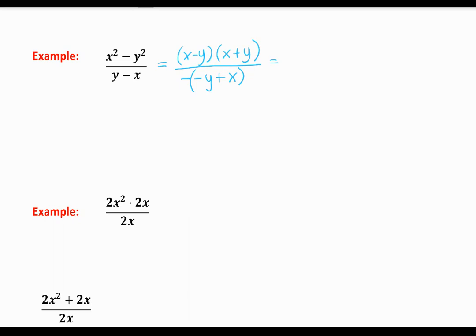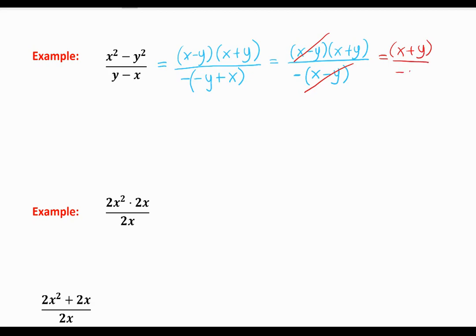So when I make it clear, in the denominator I have negative, x minus y. Now I can see x minus y can simplify. They cancel each other, and I am left with x plus y in the numerator.